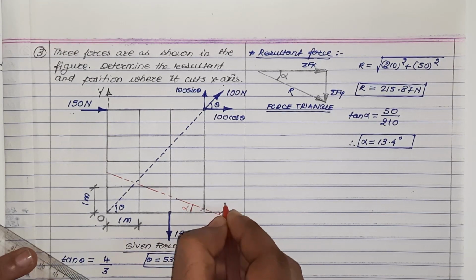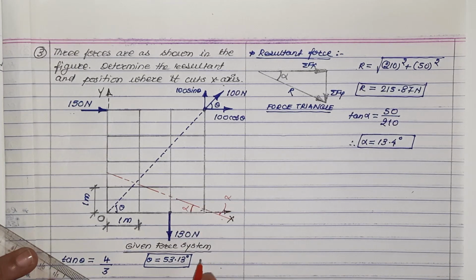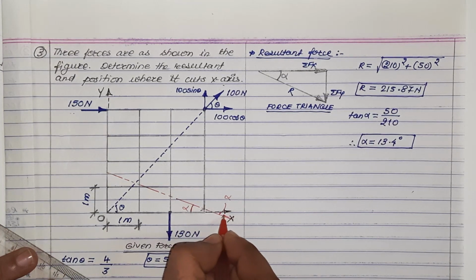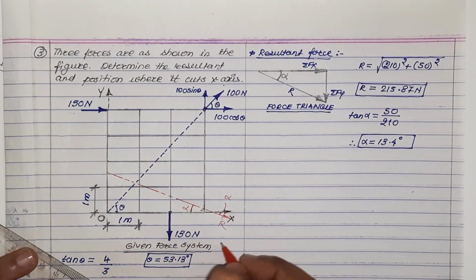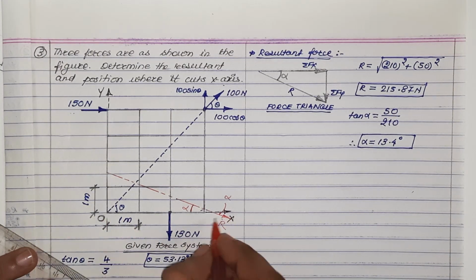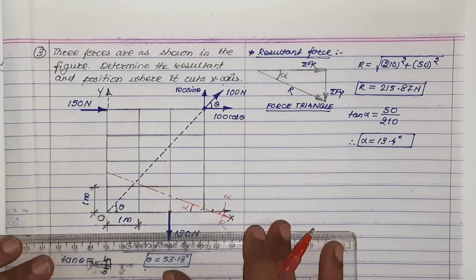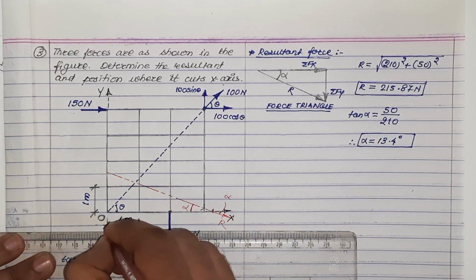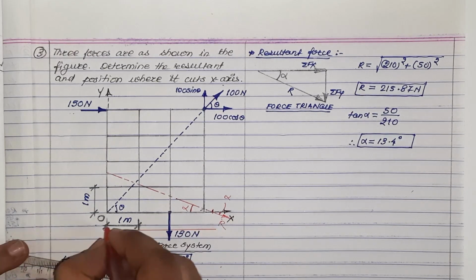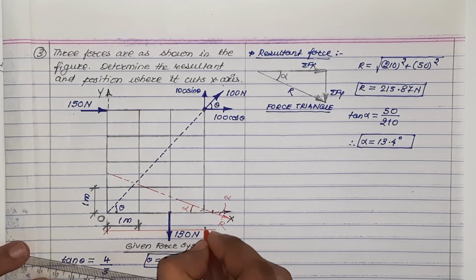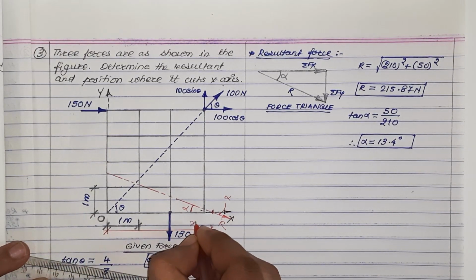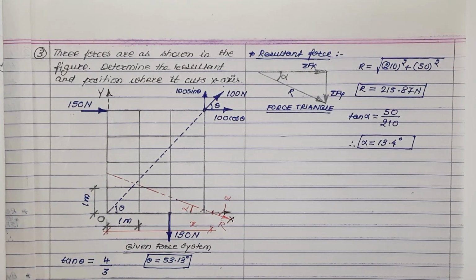So also this will also be alpha. Okay, and this is going to be the direction of resultant force, that is R. It has cut this x-axis at this location. So we will label that distance as x. From the origin, let us say this distance is distance x.